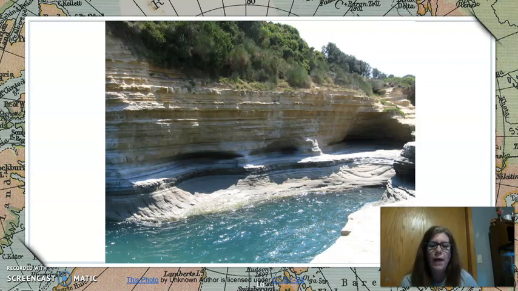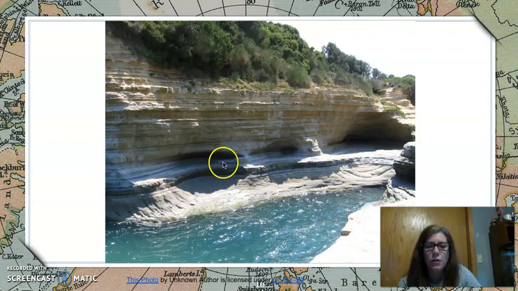Most likely what happened to this area was that the water wore down the rock. It might have been at one time that the water level was actually higher. Since you notice that this goes up a ways, it is possible that the water was higher, and as the water has gotten lower, it has left those lines there.